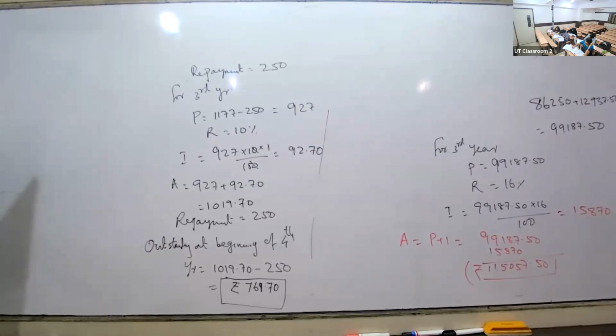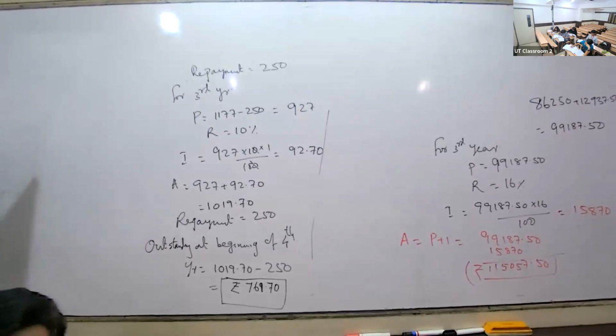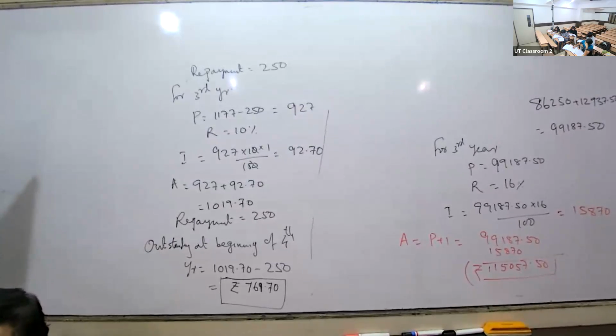Next, for the second half year, P is equal to 18,900. R is 10%, T is 1 by 2. So I is equal to 18,900 into 10 into 1 upon 2 into 100.